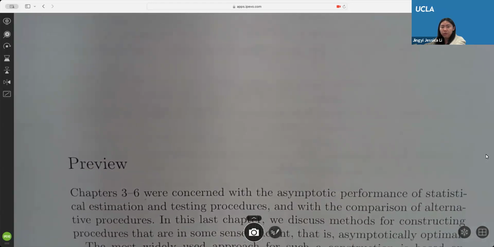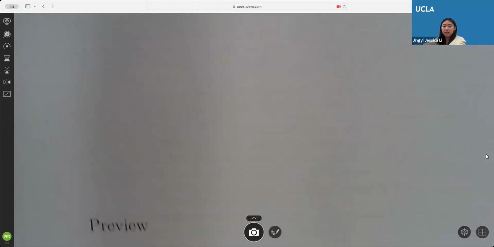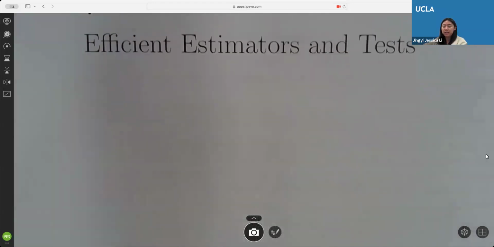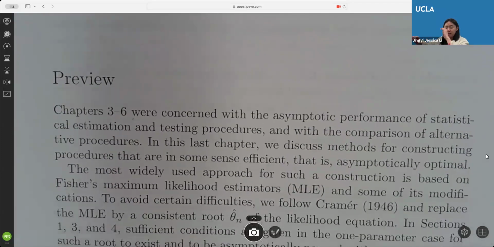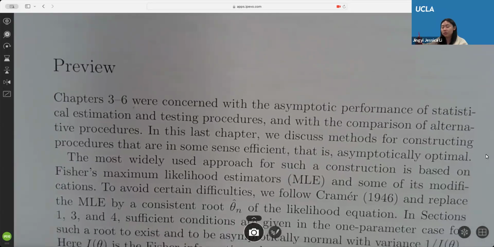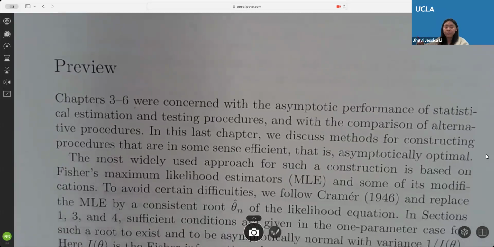So now we will move on to a new topic, called efficient estimators and tests. This is the last chapter of the Lehmann book, and it is also something we didn't cover in previous years of this class. So it's new material, like density estimation.